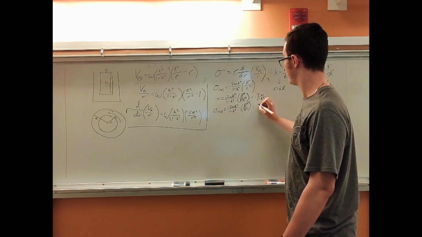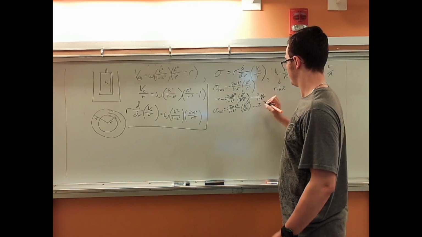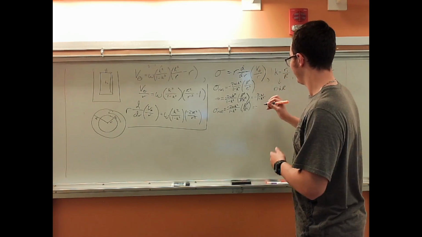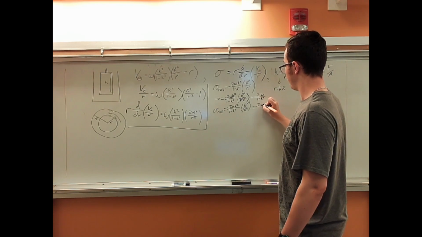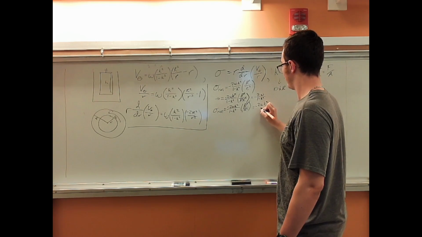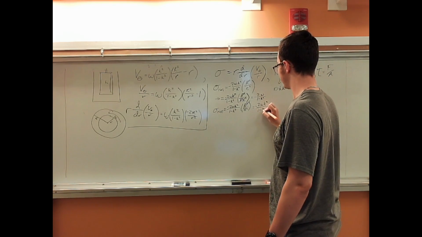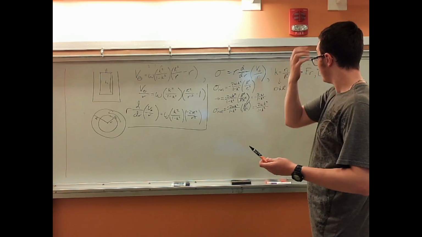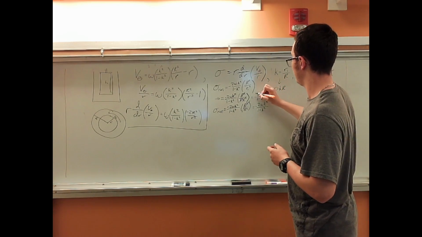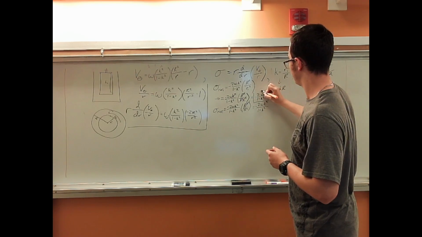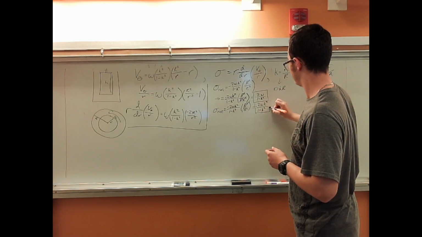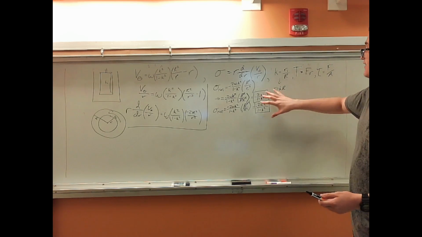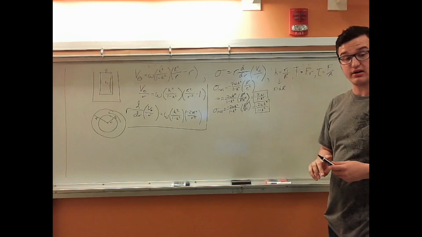We're left with negative 2 omega k squared over 1 minus k squared. So we have these two. I'll box them in for you, easier to see. We have these two, which we're going to be using later.